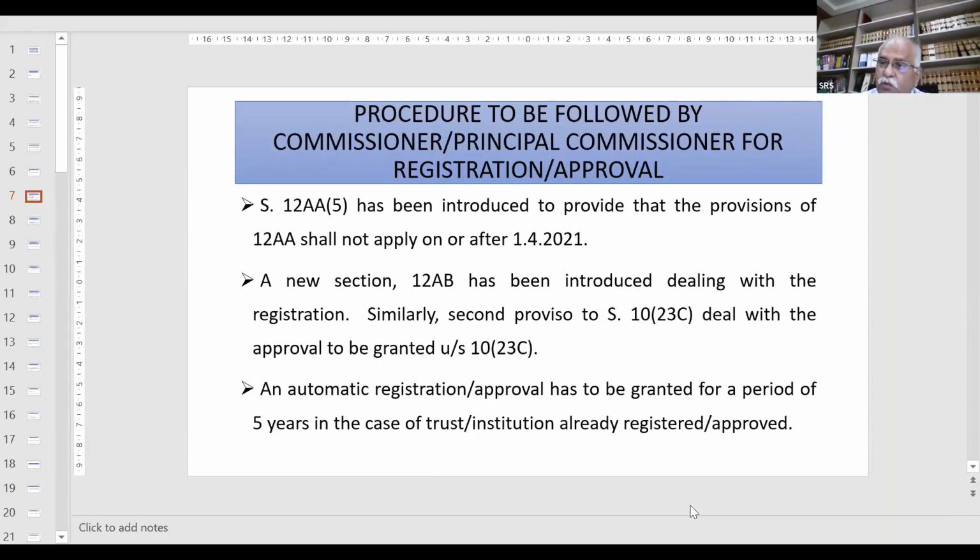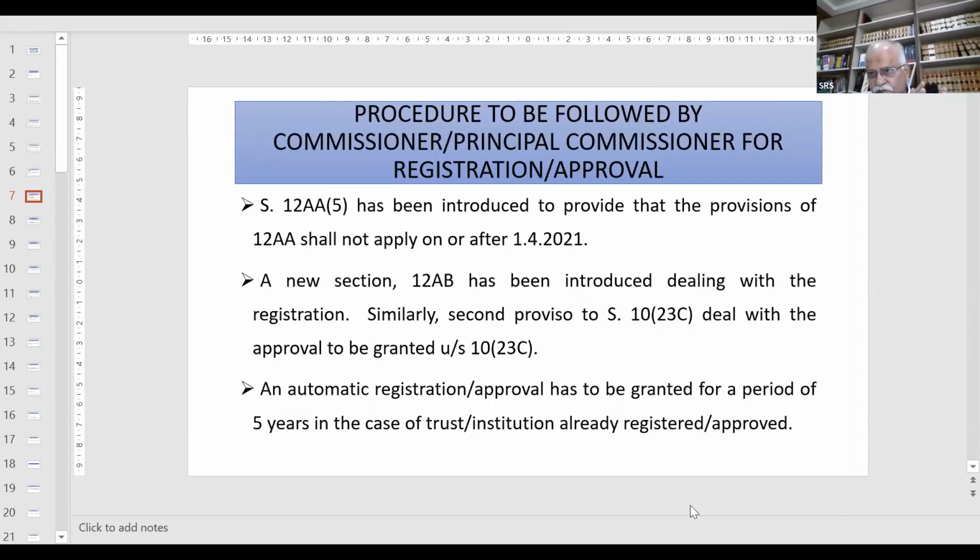After 1/4/2021, no proceedings can be initiated under section 12AA(1), either for registration of a trust or for cancellation of registration of a trust, either under 12AA(3) or 12AA(4). And what happens to the pending proceedings under section 12AA as on 1/4/21 is a matter which we will discuss a bit later.